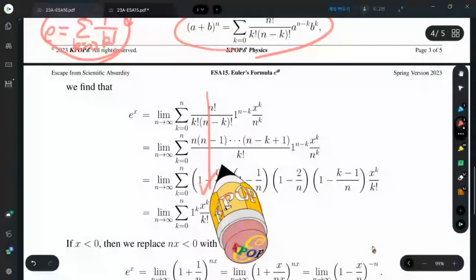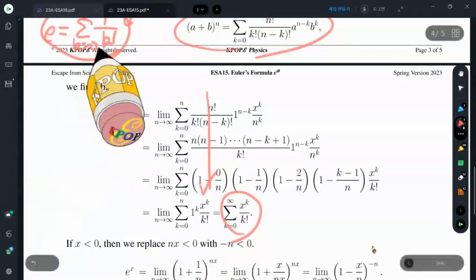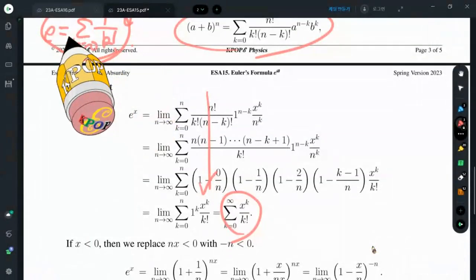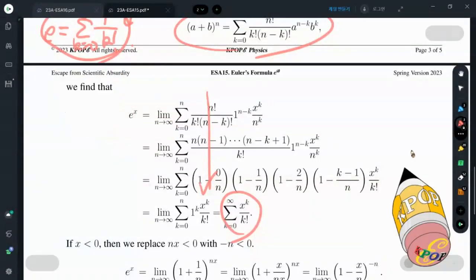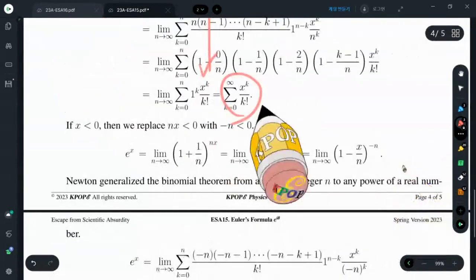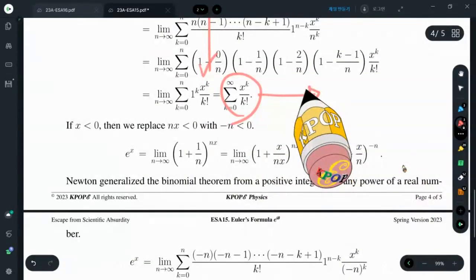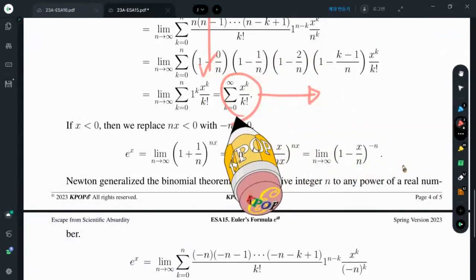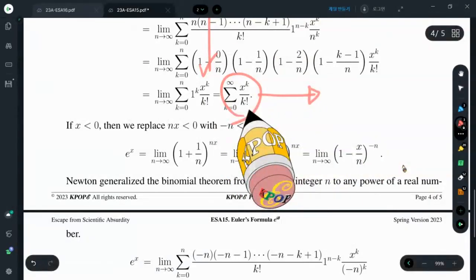It is all the same as what we have done with the derivation of explicit evaluation of Euler's number. Eventually, if you have taken the calculus class, you will find this is a Taylor series expansion of the exponential function.